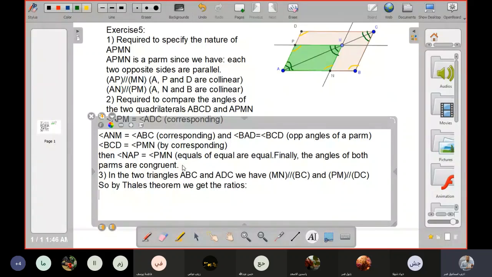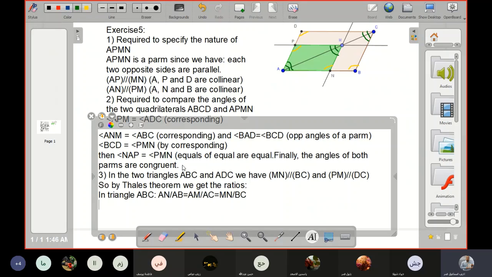First, in triangle ABC, Thales theorem, as Hassan said, AN over AB equal to AM over AC equal to MN over BC.